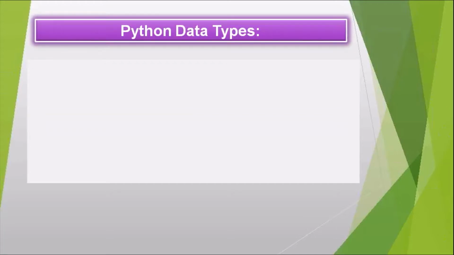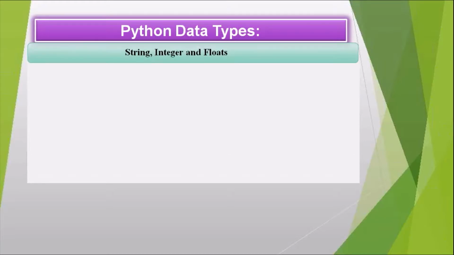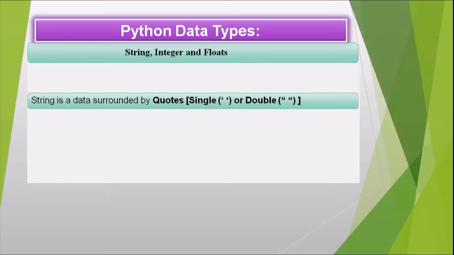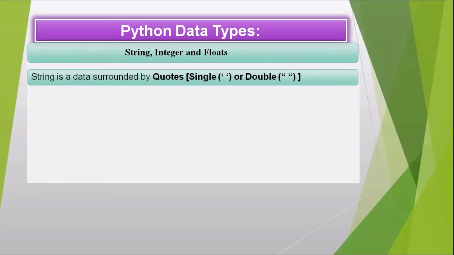Now let's recall what we have studied so far. Just a recap. We studied the Python data types like string, integer, and floats. A string is data enclosed by single quotes or double quotes.